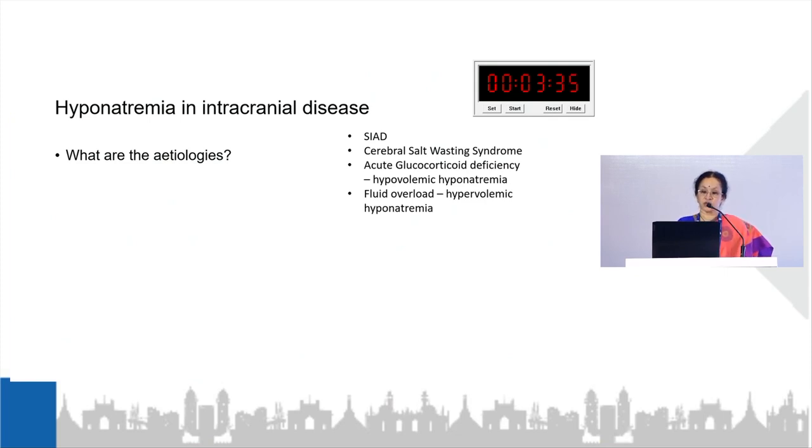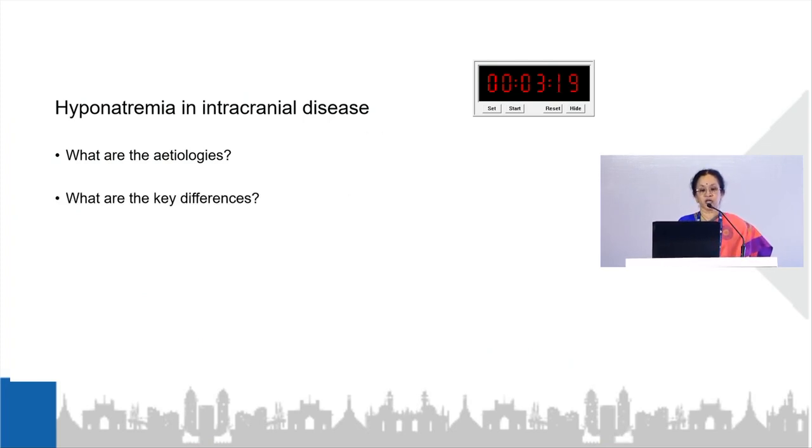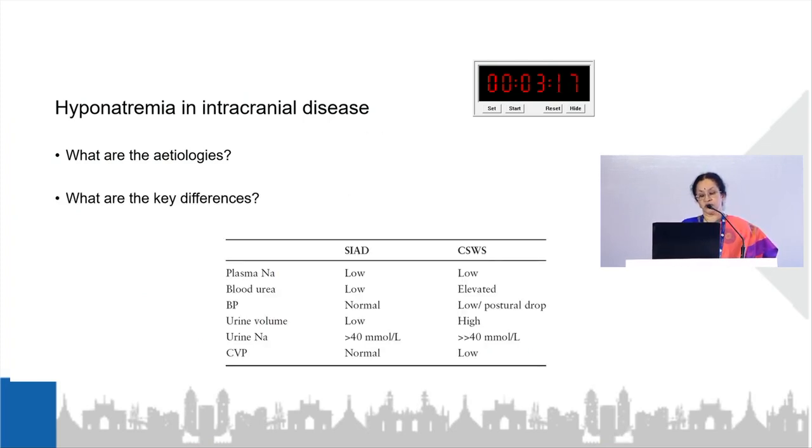And sometimes fluid overload because of over-judicious administration of fluids can also produce hypervolemic hyponatremia. So what is important here is that we need a rational approach to look at the cause of hyponatremia in intracranial disease.